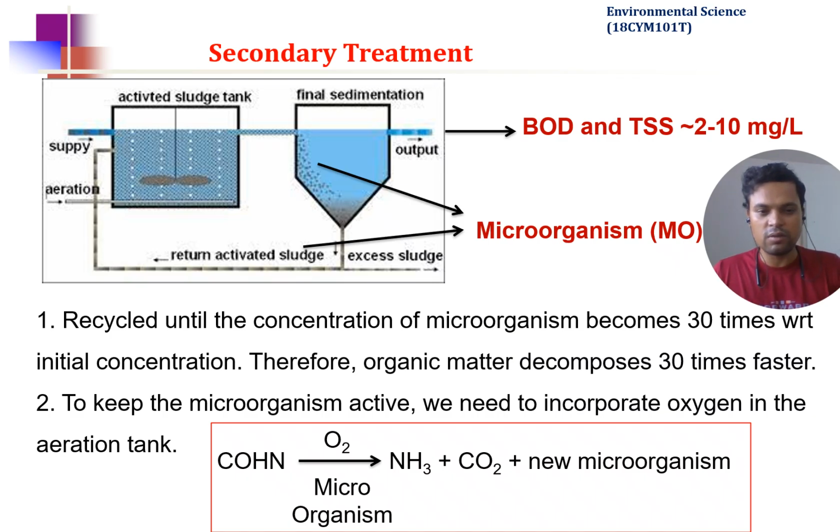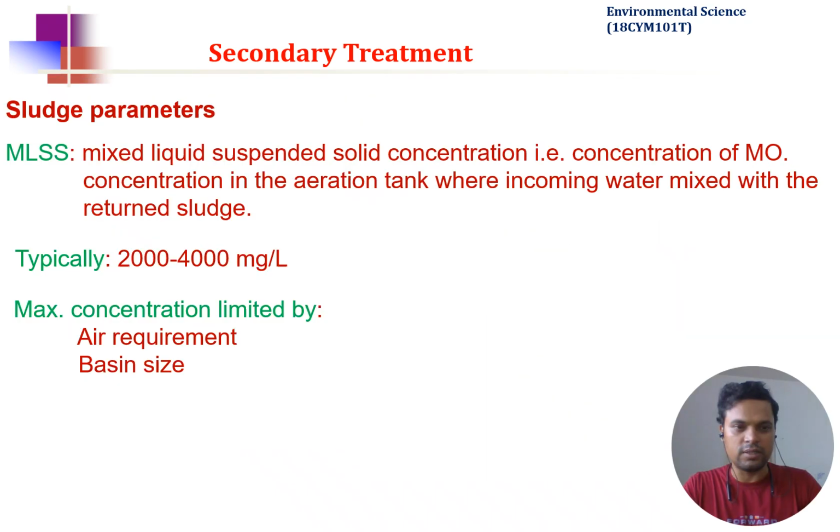You have already seen this equation earlier, but the main idea is to remove organic material in the secondary treatment method. There are certain important parameters. One is MLSS, which is mixed liquor suspended solids. This is the concentration of the microorganisms, which is supposed to be 2000 to 4000 milligrams per liter of water.